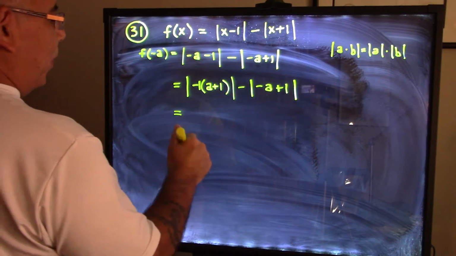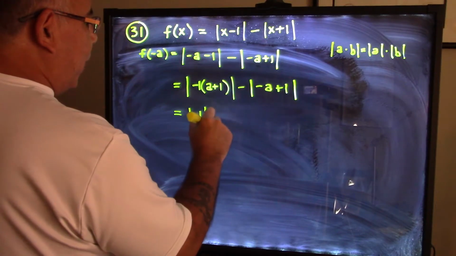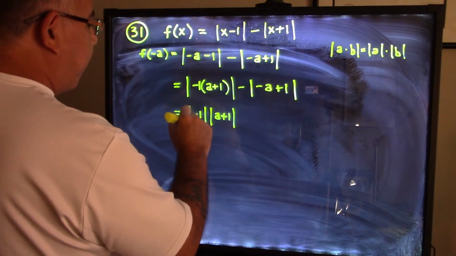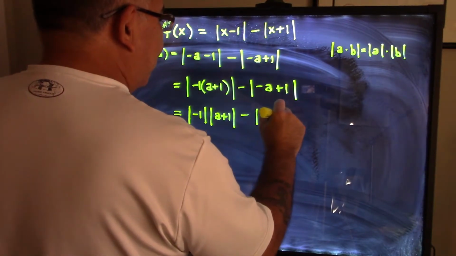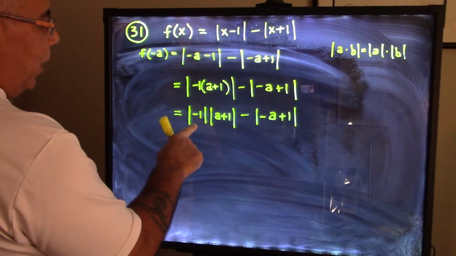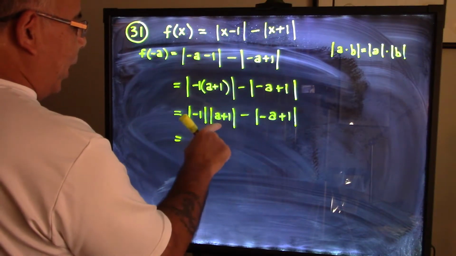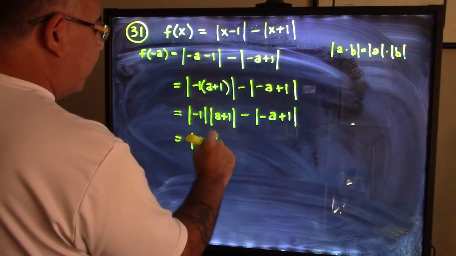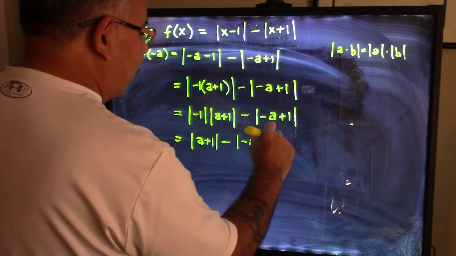I'm going to write absolute value of negative 1 times absolute value of a plus 1 minus absolute value of minus a plus 1. Now the absolute value of negative 1 is positive 1. So I can just leave that blank and just write absolute value of a plus 1. Minus absolute value of negative a plus 1.